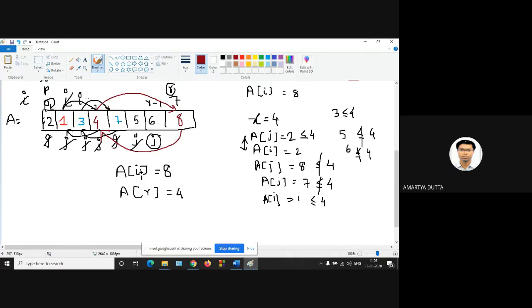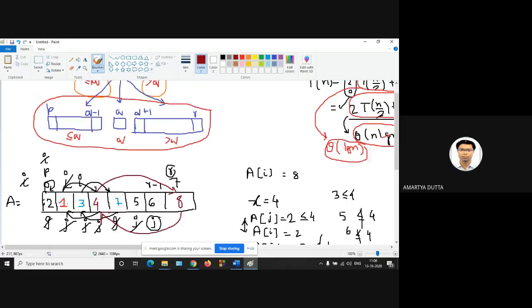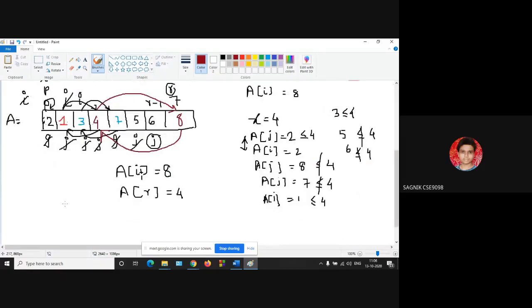Here, this 4 is placed in its proper position. After the completion of the first pass, this 4 is placed in its proper position. All the elements on the left side are less than or equal to 4, and all the elements on the right side are greater than 4.